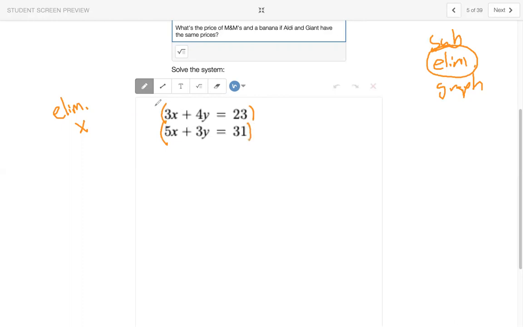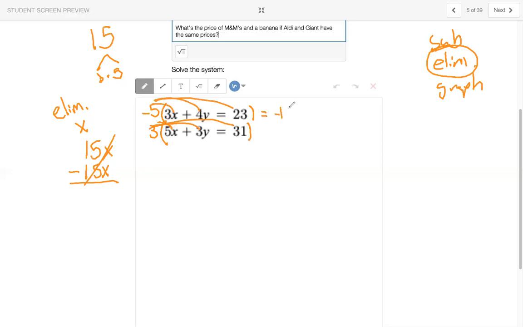Well, I know that 15 shares factors of 3 and 5. So if I was going to eliminate x, I would be trying to get a 15x and a negative 15x to cancel. So to make that happen, I'm going to multiply this first equation by negative 5. I'm going to multiply this second equation by 3. I'm going to distribute accordingly.